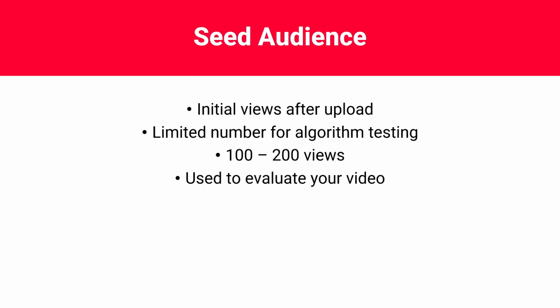So first, when you upload a short, you will get something that's called a seed audience. So these are initial views right after you upload a short. It is limited in numbers, so it's usually 100 to 200 views. And the algorithm is using this to evaluate your video.